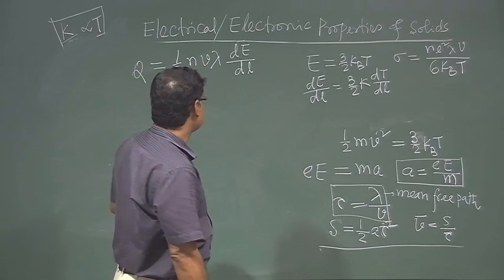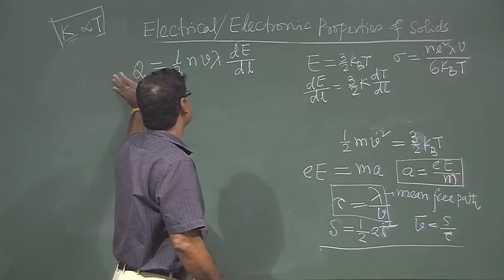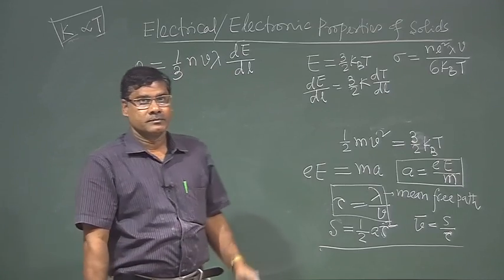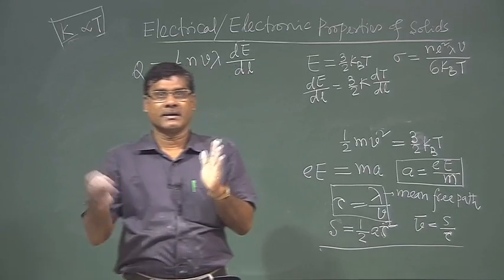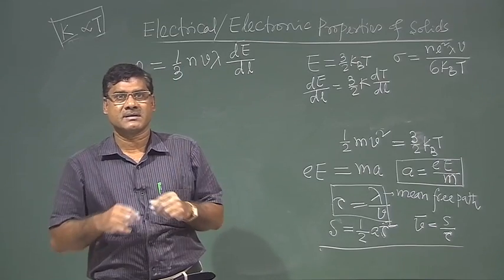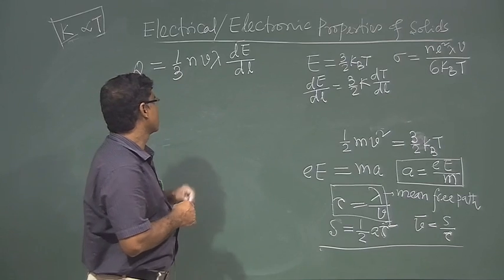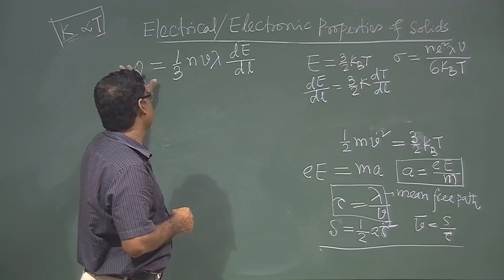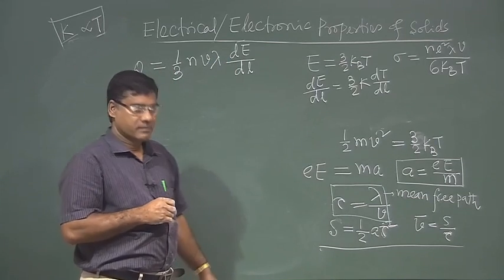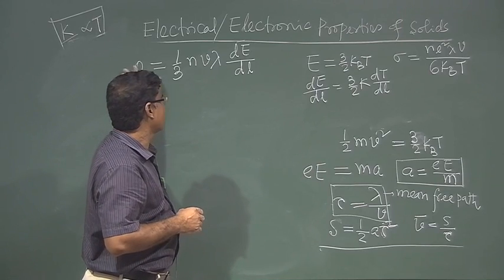So, how much heat energy is transferred from one end to the other end where a temperature difference is applied? From kinetic theory one can find out the amount of heat that will transfer.